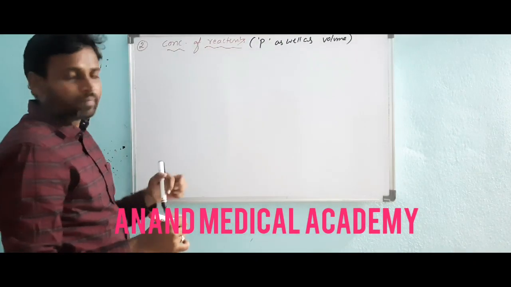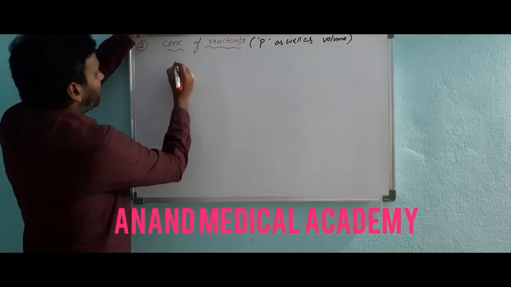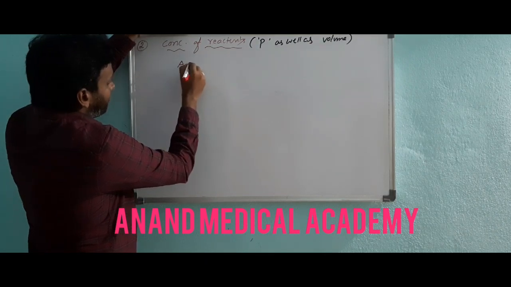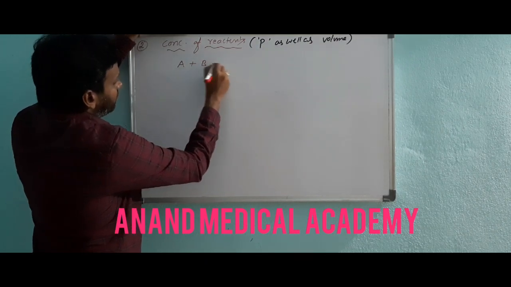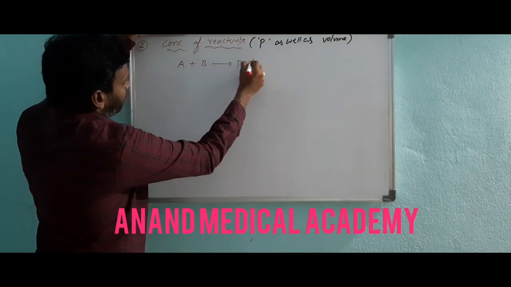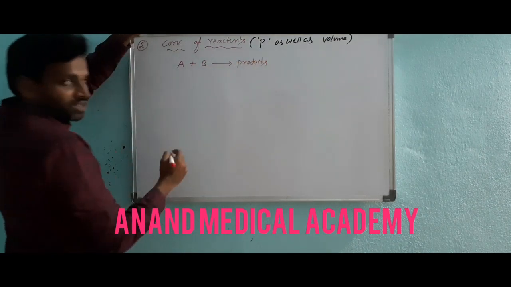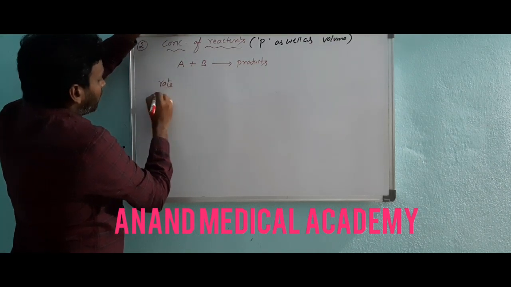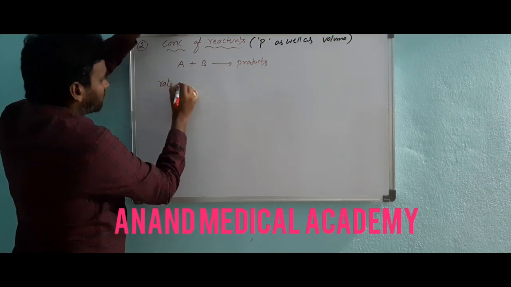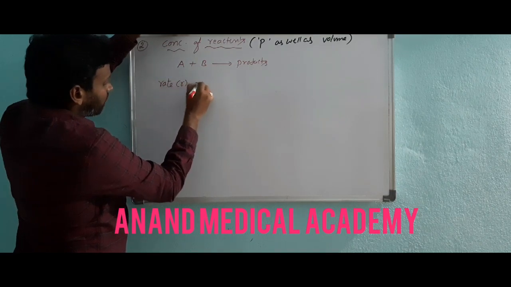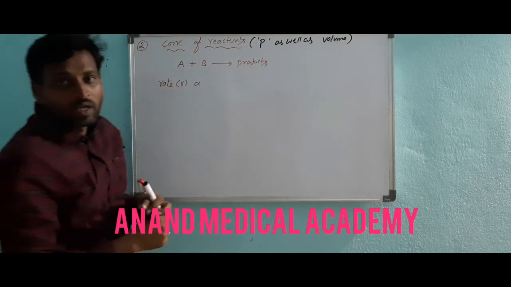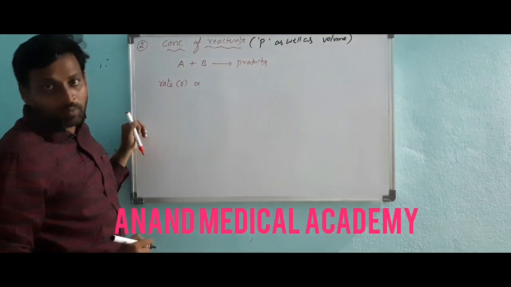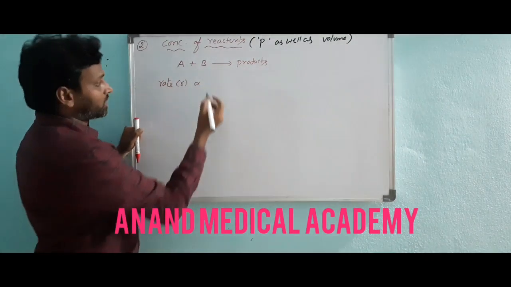For a reaction, suppose A plus B gives rise to products, what is the rate law or rate expression? Rate R is proportional to the product of concentrations of reactants.